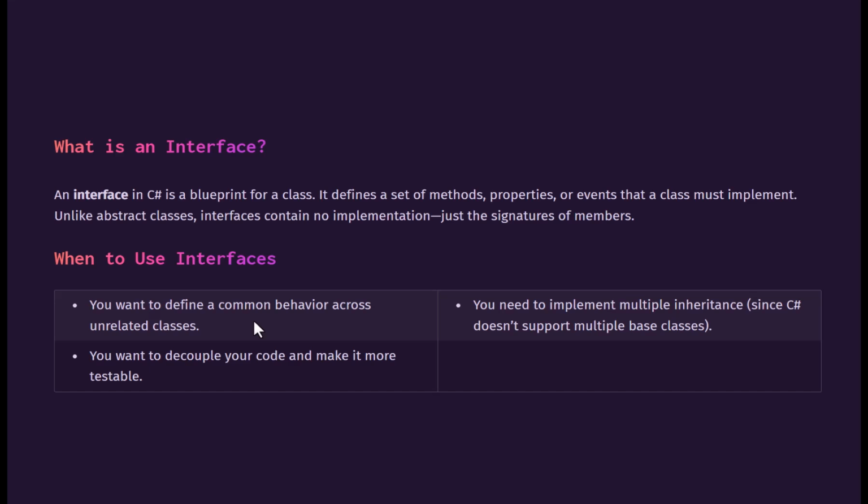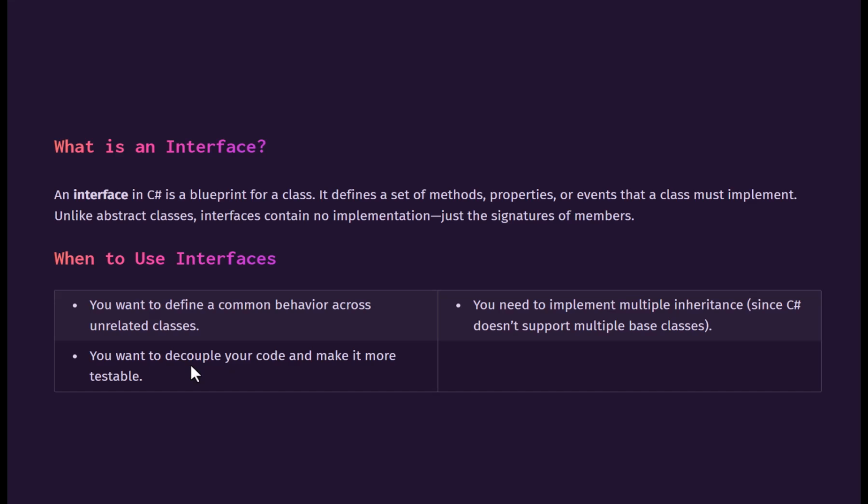So when should we use an interface? If you want to define a common behavior across unrelated classes, as we just did with SMSNotification and EmailNotification. And if you need multiple inheritance, since C# doesn't support multiple base classes. Also, if you want to decouple your code and make it more testable, so the code that depends on the interface doesn't need to know the specific class implementation.